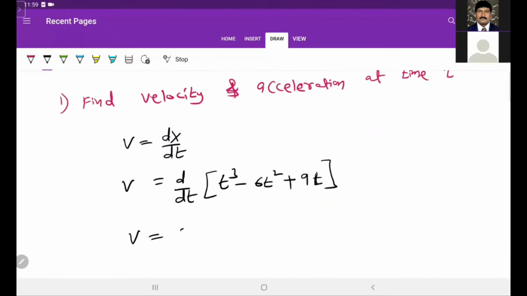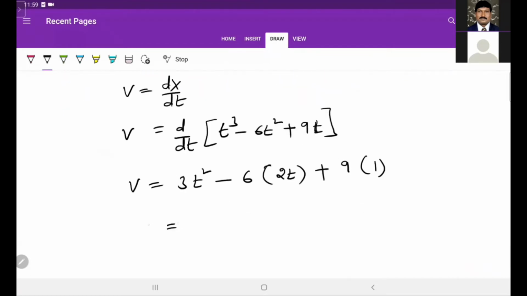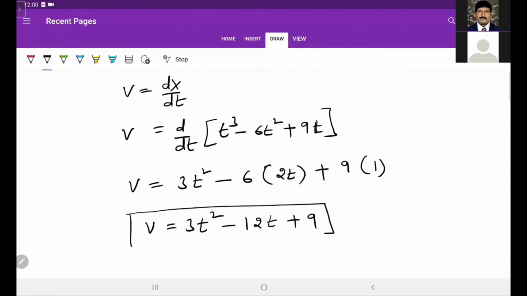Differentiate this: we get 3t square; minus 6 is constant, write it outside; differentiation of t square is 2t; plus 9 is constant, differentiation of t is 1. Finally, we get 3t square minus 12t plus 9. So this is the velocity equation we are getting.